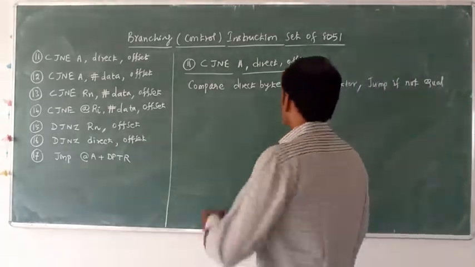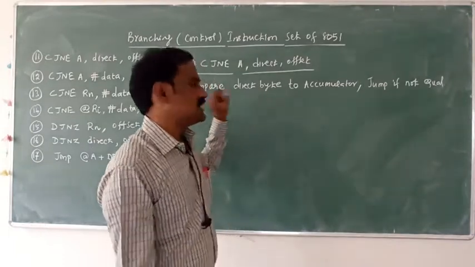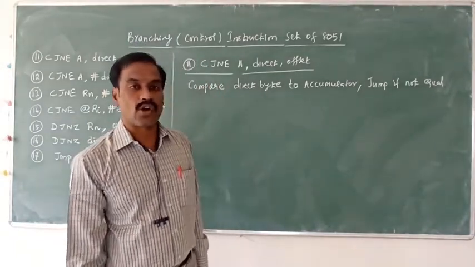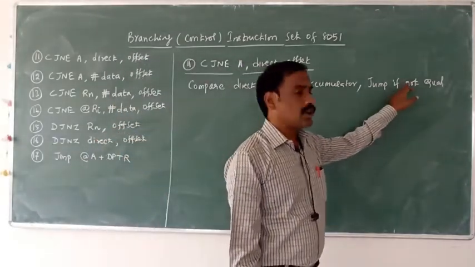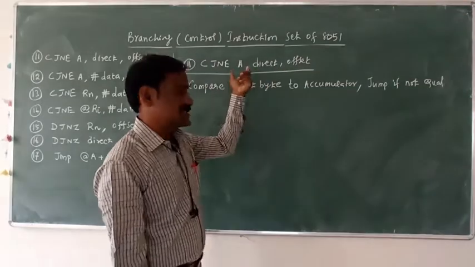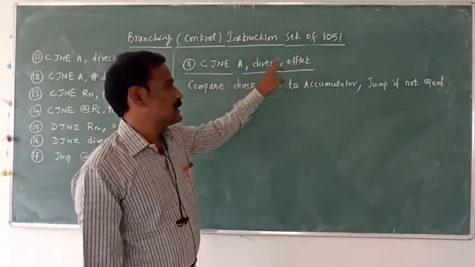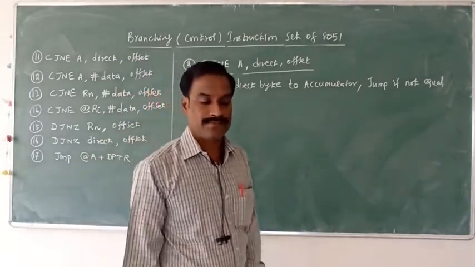Now to check these two conditions, the accumulator content with the direct memory address location data, if both data are not same, means jump if not equal. Now this condition will be satisfied, and then jump to the given memory address location.